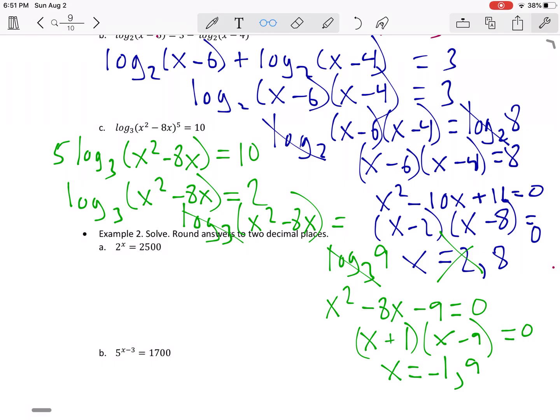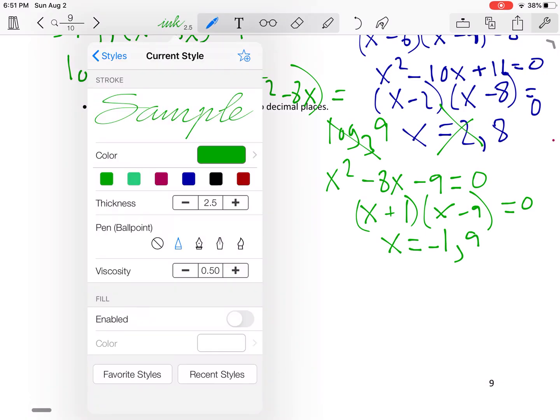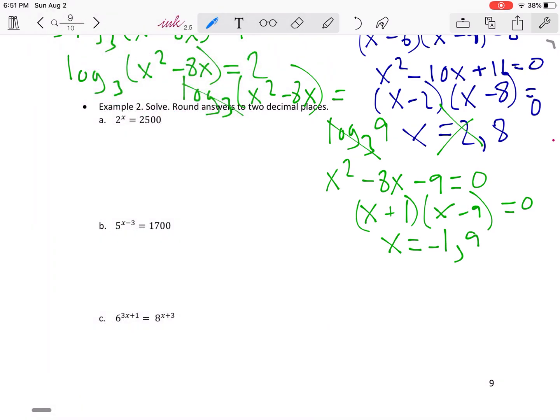Finally, let's wrap up by going through something that we looked at before. Before, we had to use a trial and error estimation type method to get the answer, and now we don't have to do that. We can just use the log functions to give us a more precise answer.